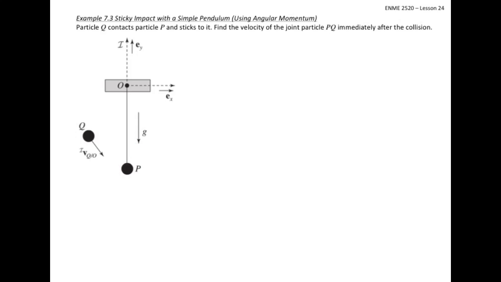And so what we found when we solved this is that our velocity, x dot PQ at time 2, was equal to mQ over mP plus mQ multiplied times x dot Q at time 1.